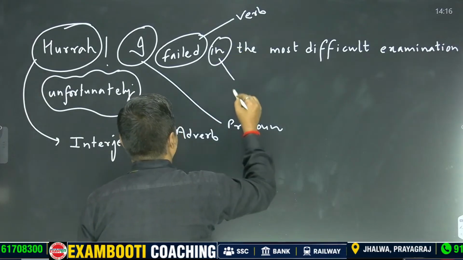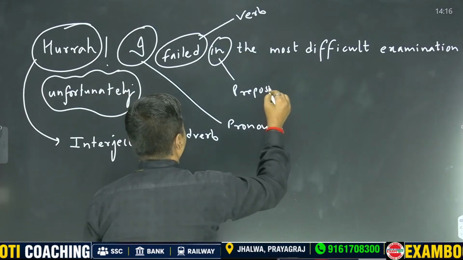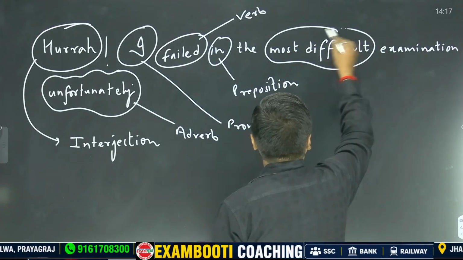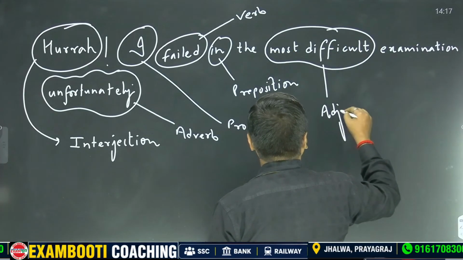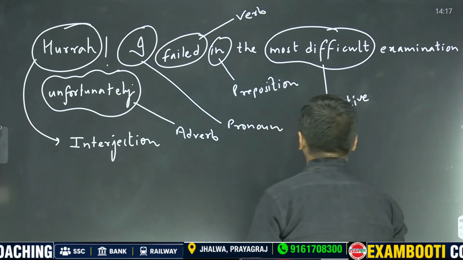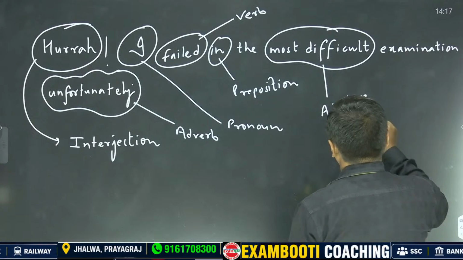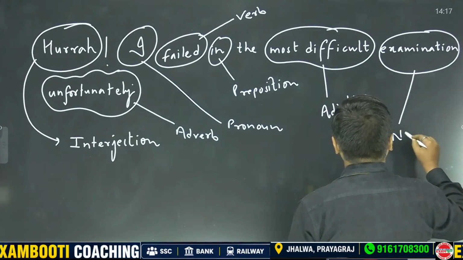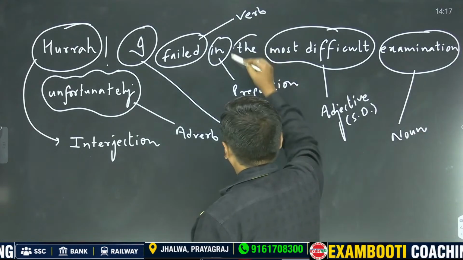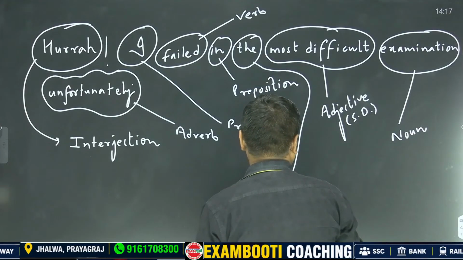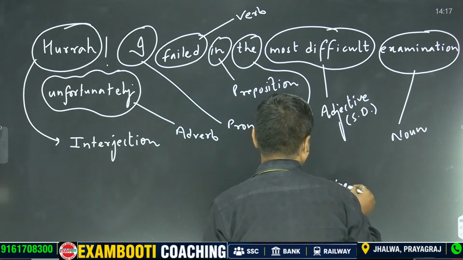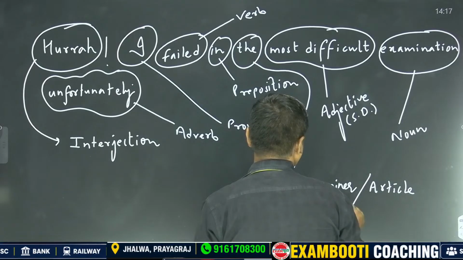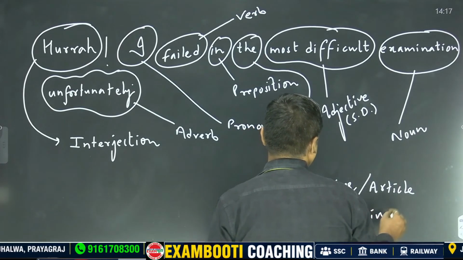This is a preposition. This is an adjective. Superlative degree. This is a noun. This is a determiner. Actually, an article. And articles are also considered adjectives, a part of adjectives.